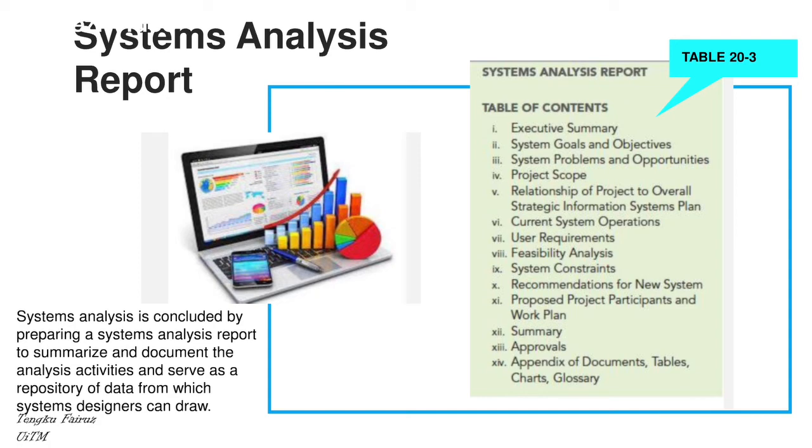The first is during the initial investigation. If you remember, during the initial investigation, they do a thorough study of the current system. At this stage the committee will decide whether to proceed or not with the proposed system.